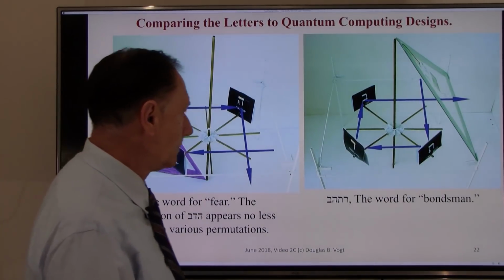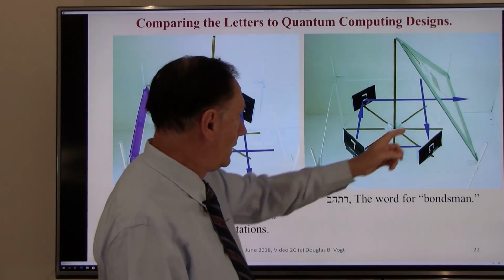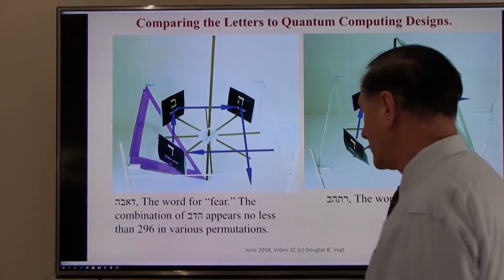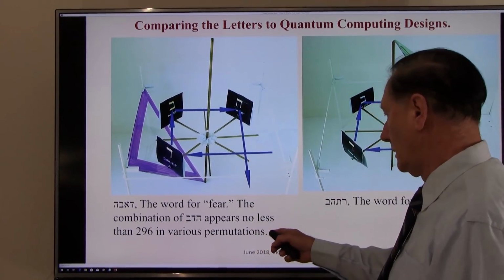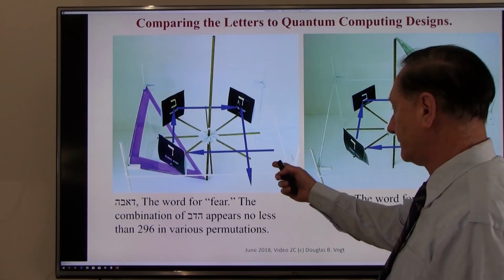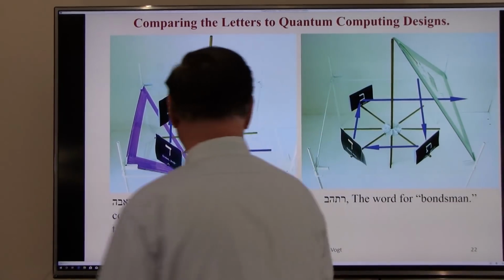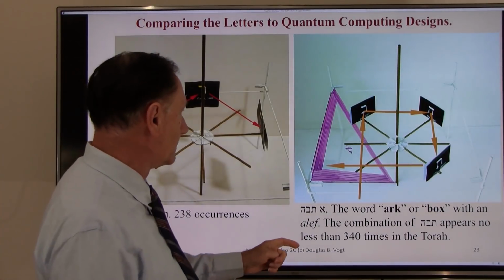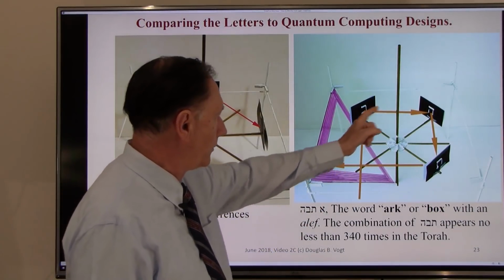So here's the word bondsman. And you see that same kind of pattern. Here's the word fear, combination 296 times. Here's the word arc or box. Again, the same kind of a pattern.